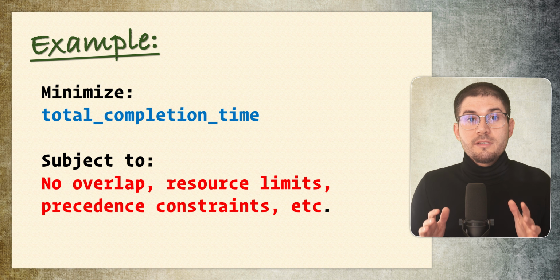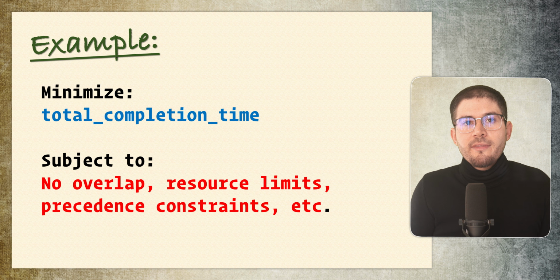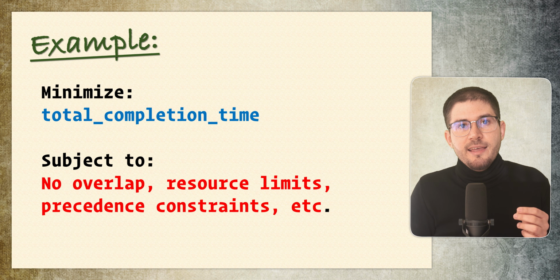And these problems show up everywhere, usually hidden behind the scenes. For example, vehicle routing, deciding optimal paths and schedules for deliveries to minimize distance or cost. Maintenance scheduling, which is about determining service times for machines to minimize downtime while meeting operational constraints.